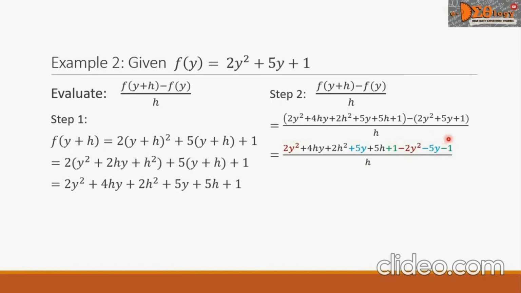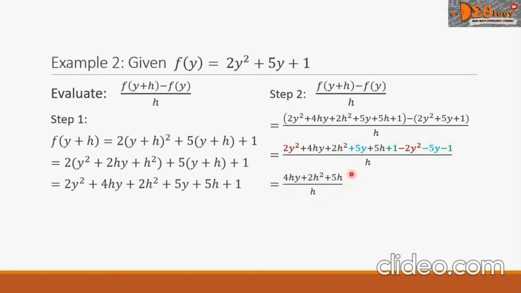So they can cancel each other respectively. So on the next line, we will simply collect the remaining terms. And the terms are the 4hy plus the 2h squared plus the 5h, all over h.